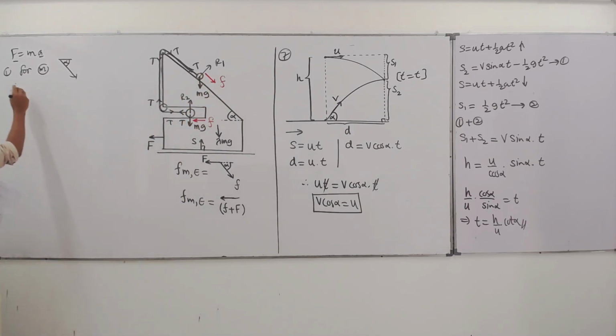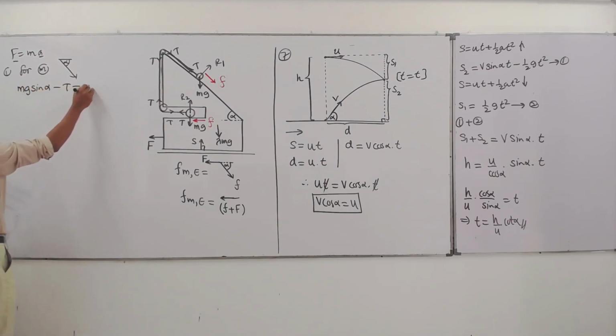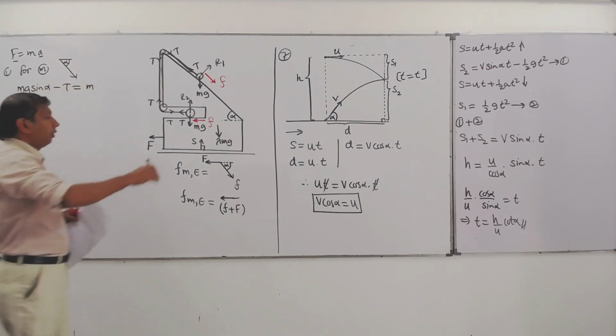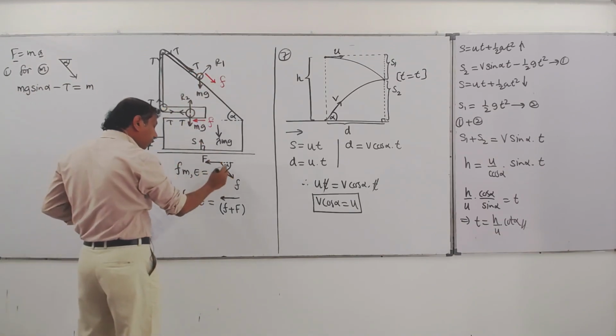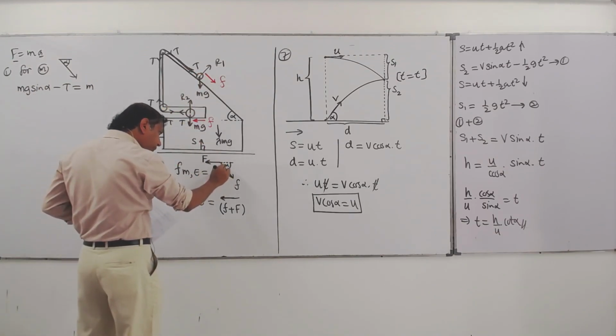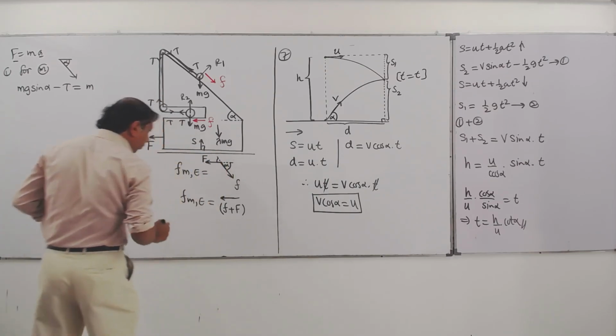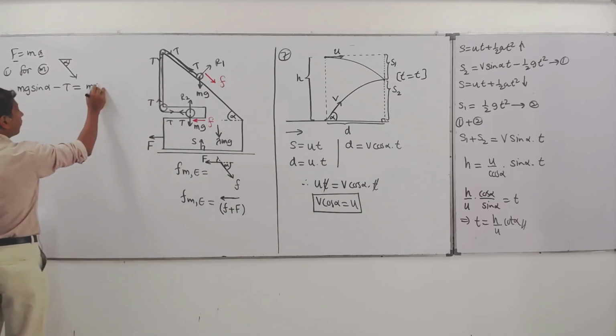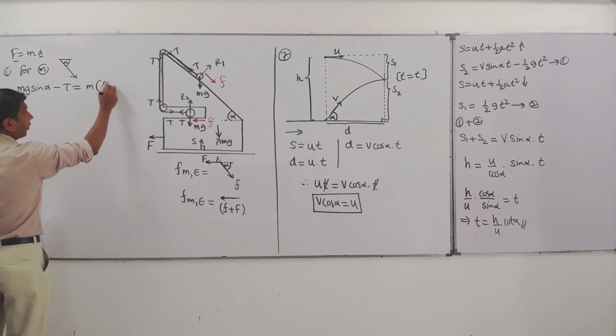Upward force is T. So mg sin alpha minus T is equal to m times the acceleration along this direction, which is small f minus capital F cos alpha.